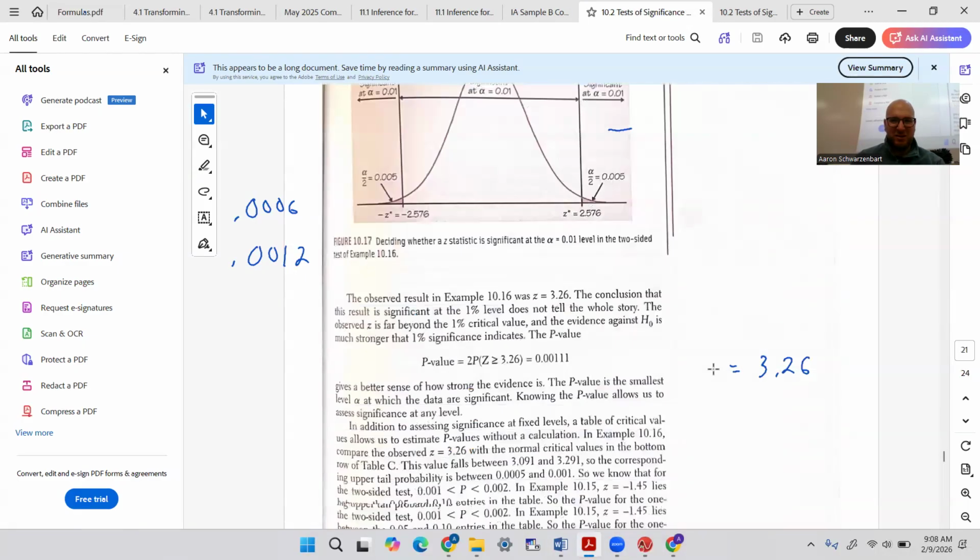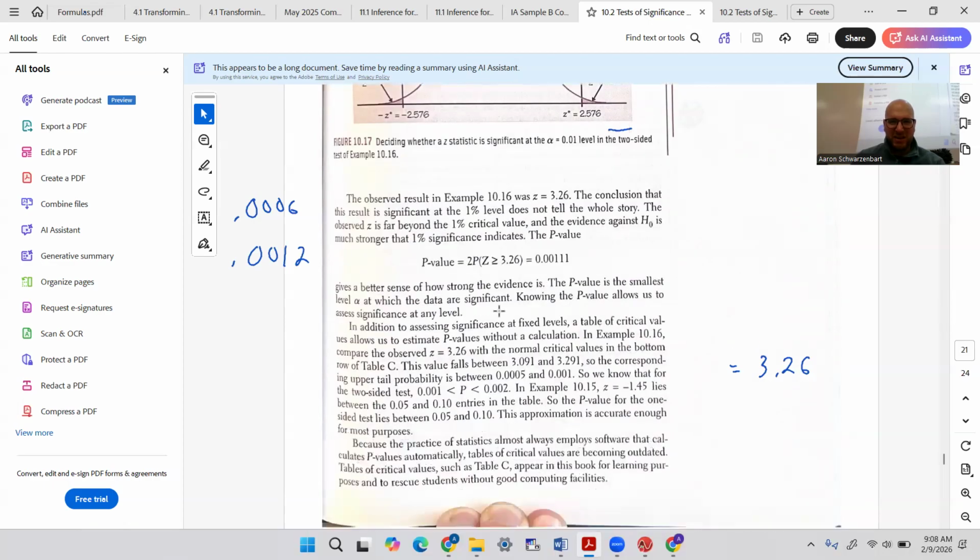They've got a little bit more exact p-value because they used a calculator.